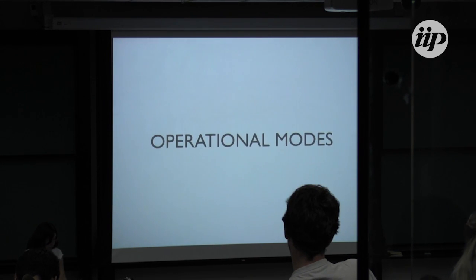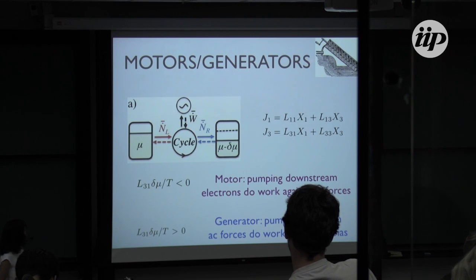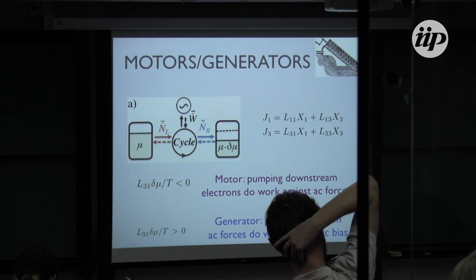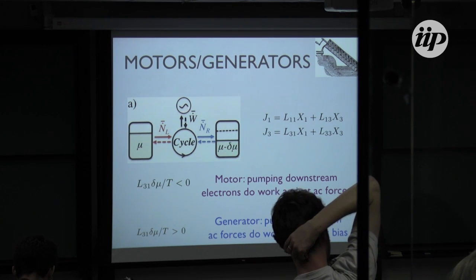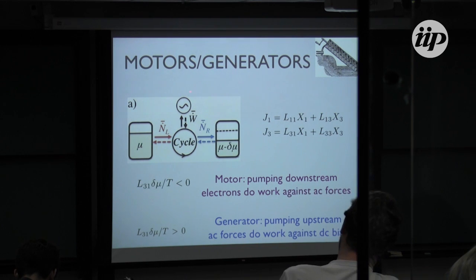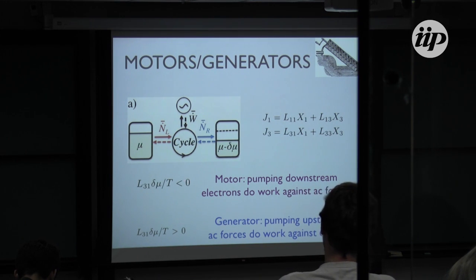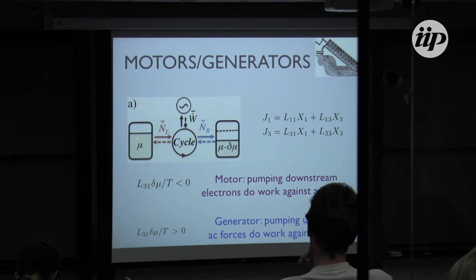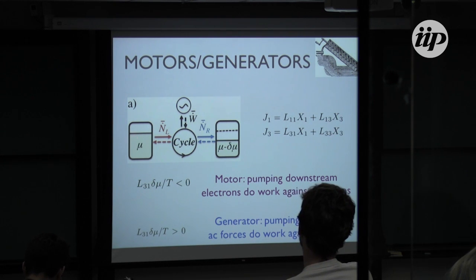So now let's go to the operational modes I mentioned before. For the moment, let's imagine that we put the two reservoirs at the same temperature, and we just consider the effect of delta mu and the AC driving. And we have, in this case, the operational modes of motors and generators. The case of the motor corresponds to the case where we have an electron flow from the reservoir with upper chemical potential to the lower one.